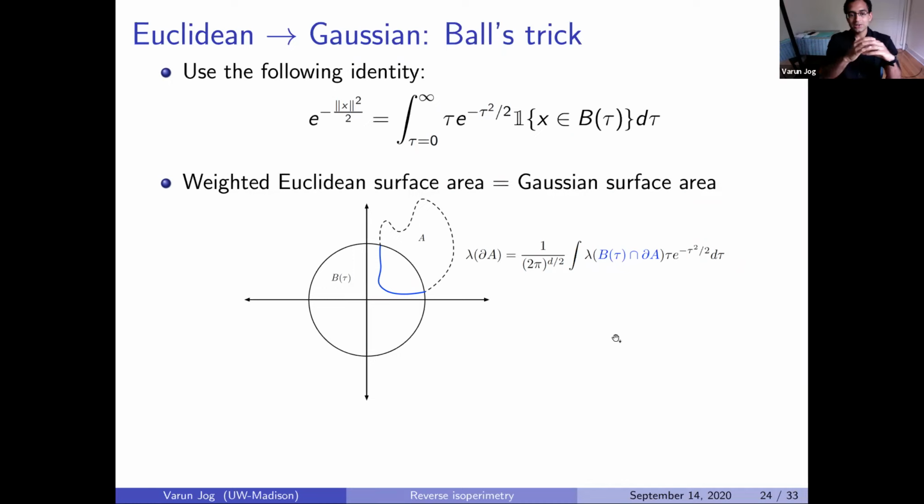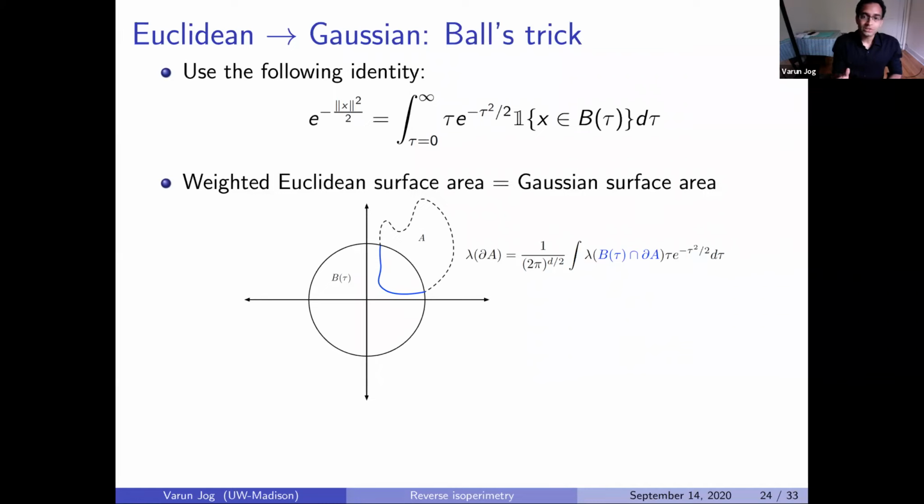As your radius tau increases, you encompass more and more of the surface area of the object A, but you weigh it less and less, and eventually when you integrate the whole thing out, you get the Gaussian surface area.